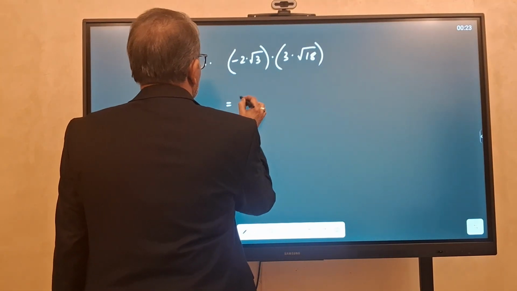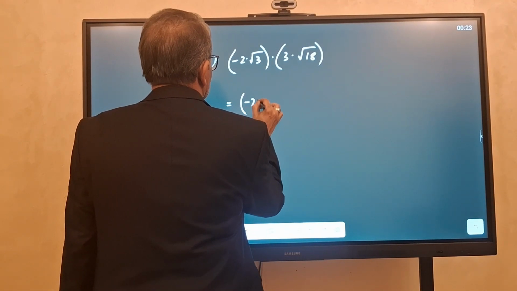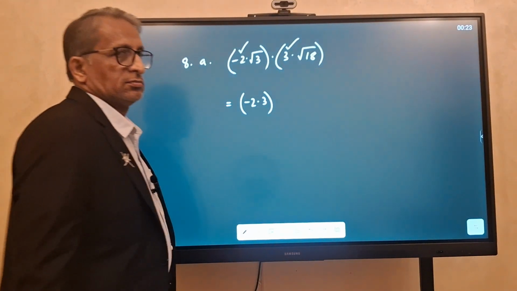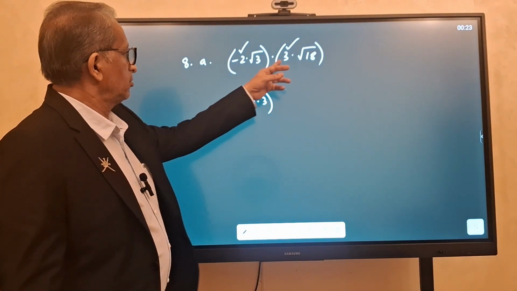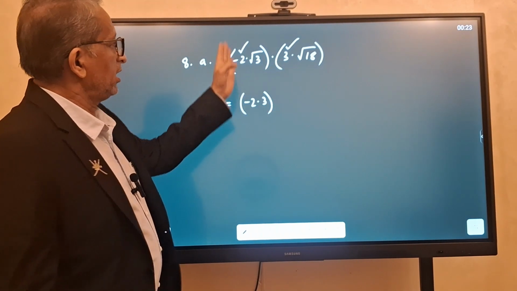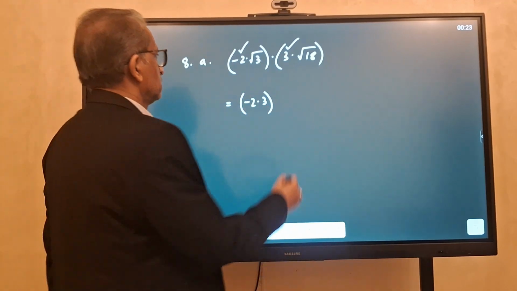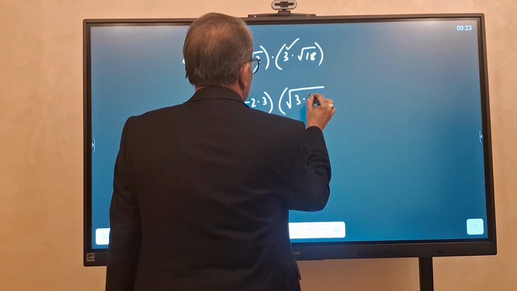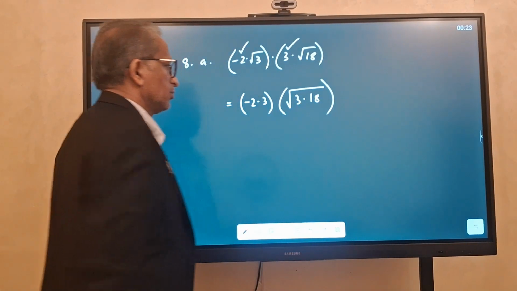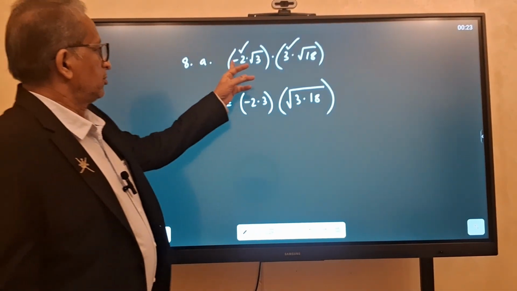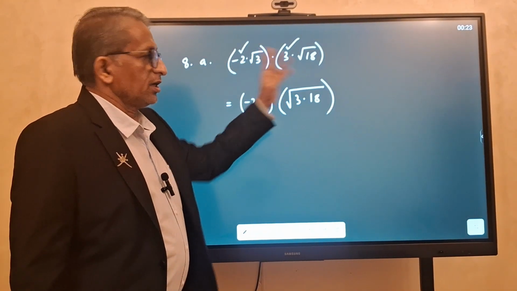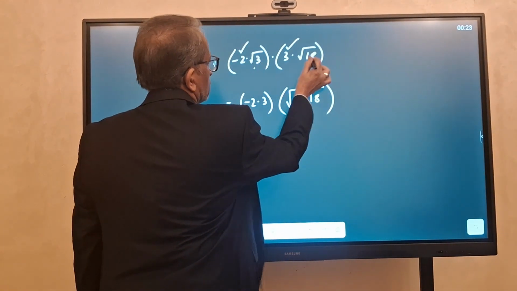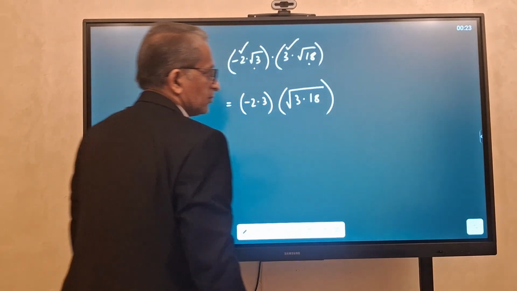I will multiply minus 2 and 3, the numbers without radical, minus 2 into 3. Then I take the radical numbers, radical 3 into 18. So number with number, radical with radical. Why do I multiply this radical and this radical? Because both are the same radical.